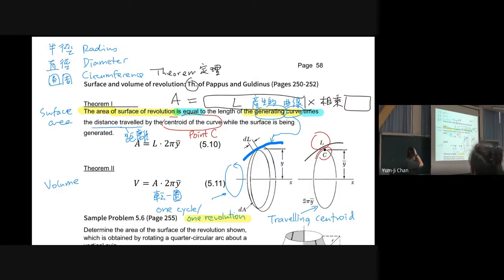So these three lines only mean A is equal to L times 2 pi y bar.